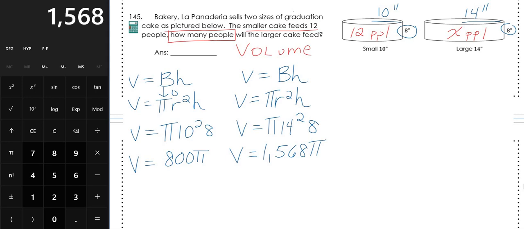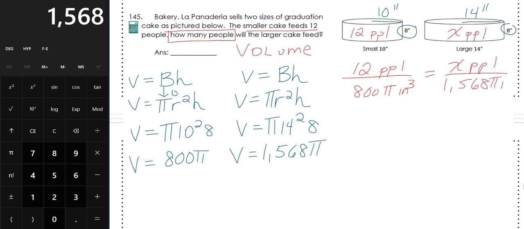All you need to think about is, if I have 12 people that can consume 800 pi cubic inches of cake, keeping that same ratio consistent, then I should have X people who can consume 1,568 pi cubic inches of cake.